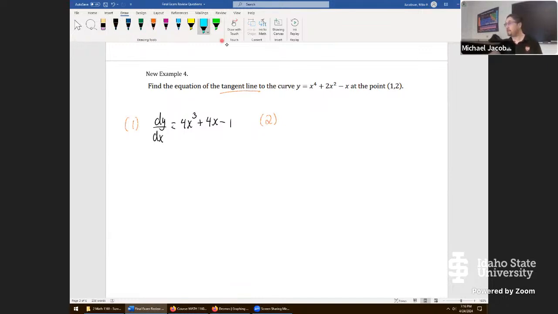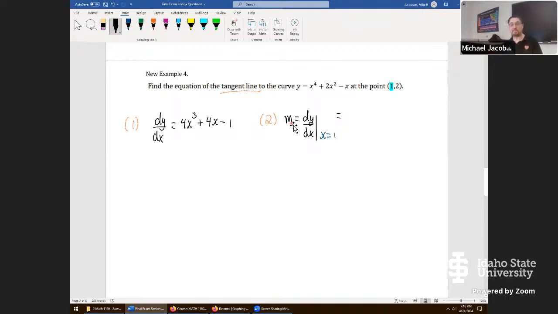After doing that step, on step 2, all we're doing now is getting the slope of that tangent line. And this is the most important number right there. I give the full point (1, 2), but we need to know that it's the first coordinate that matters. The slope m is going to be the derivative of y with respect to x, evaluated when x equals 1. That's a reminder that the derivative, no matter if you call it y prime, f prime, or dy dx, it's always a slope.